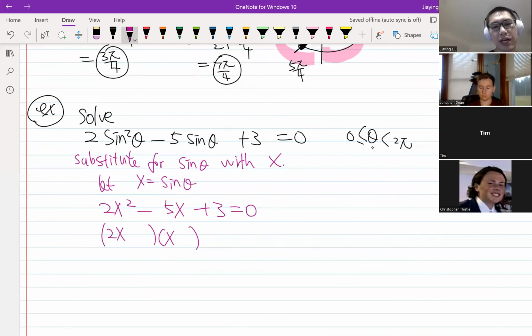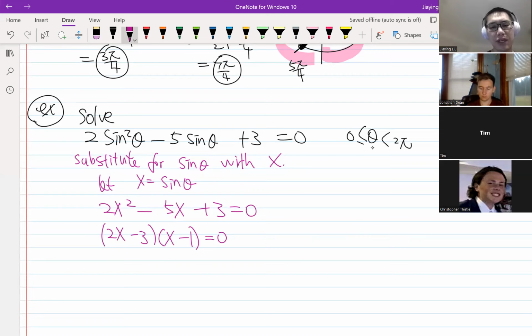So it looks like we're going to have negative 3 and negative 1. And suppose factoring doesn't work for you in this case, you can always use the quadratic formula to find x. So that's equal to 0.